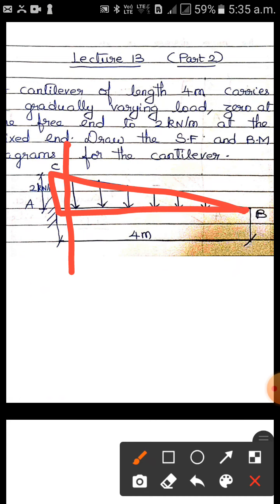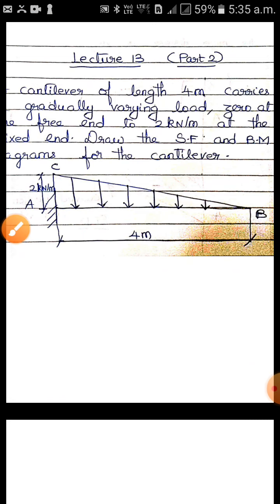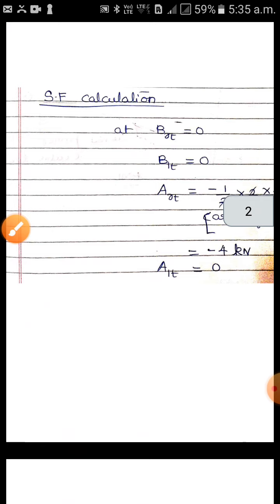What is the area of the triangle? Half into 2 into 4. That is the shear force at A. So half into 2 into 4 is 4. And A left is 0. Quite simple, the area of the triangle, as I told you. So that's all.